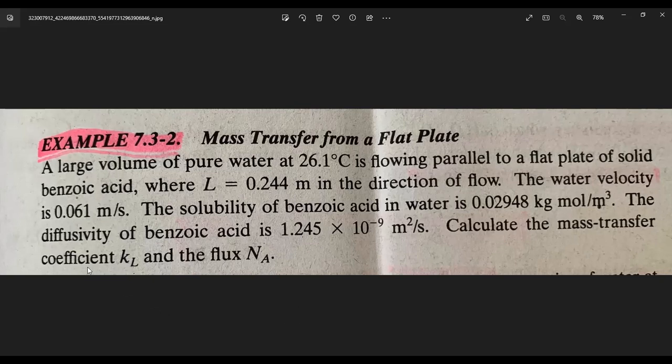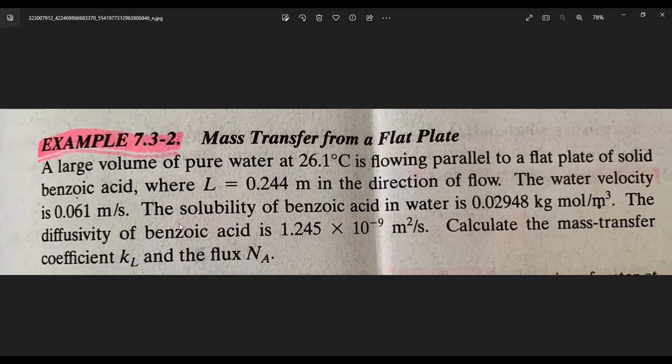The water velocity is 0.061 meters per second. You're given the solubility here of benzoic acid and its diffusivity. Calculate the mass transfer coefficient k sub L and the flux NA. Okay? That's the first.